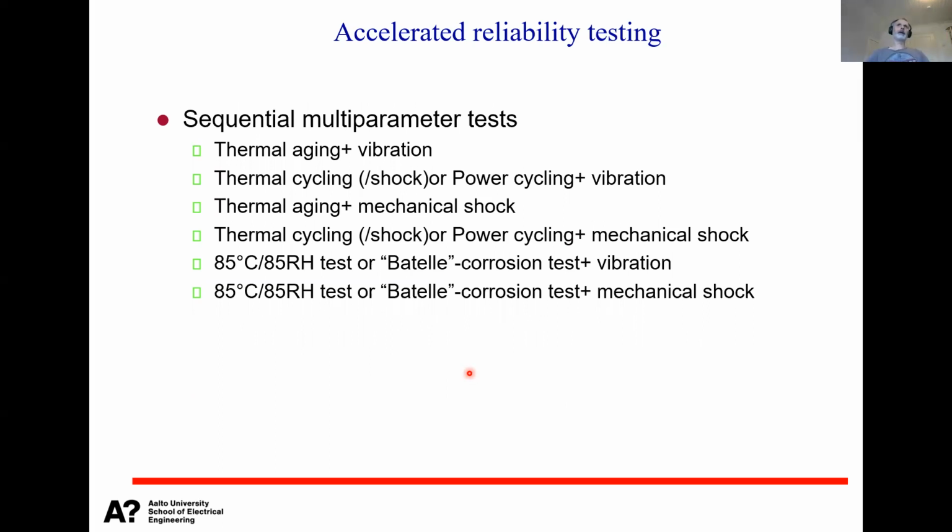I would say that the complexity is somewhere in between the single-parameter test and the concurrent multi-parameter test. For example, first you use thermal aging, and then you do some mechanical testing.